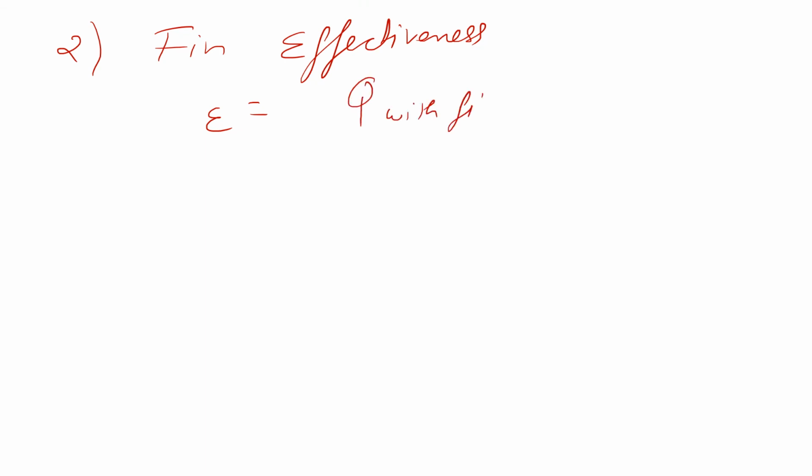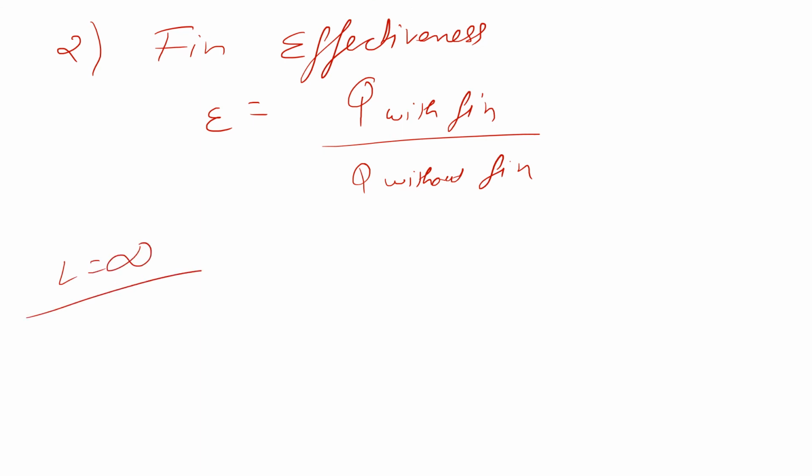Now we will learn about fin effectiveness. Fin effectiveness is defined as the ratio of fin heat transfer rate to the heat transfer rate that would exist without fin. So we write it as heat transfer rate with fin to heat transfer rate without fin. When I talk about an infinitely long fin, we can calculate it by putting the values in the above equation.